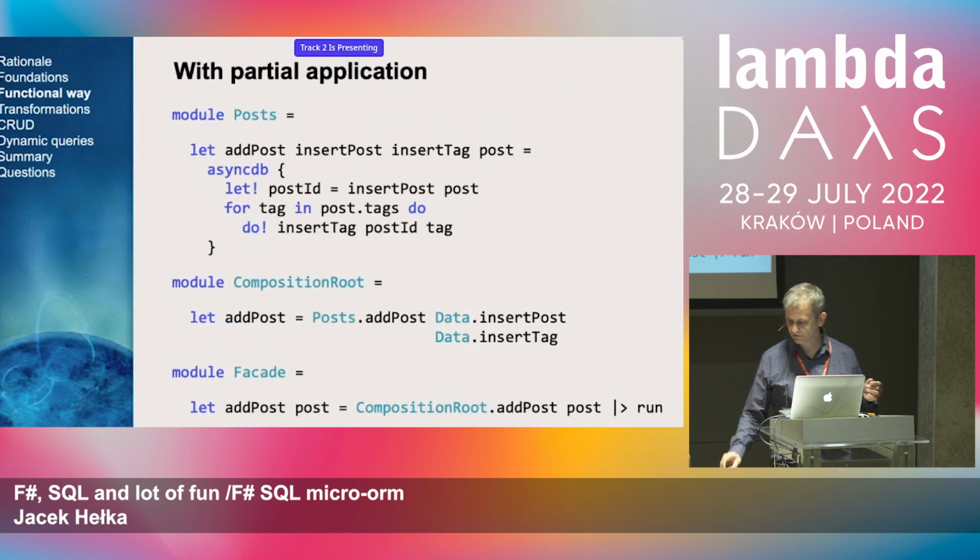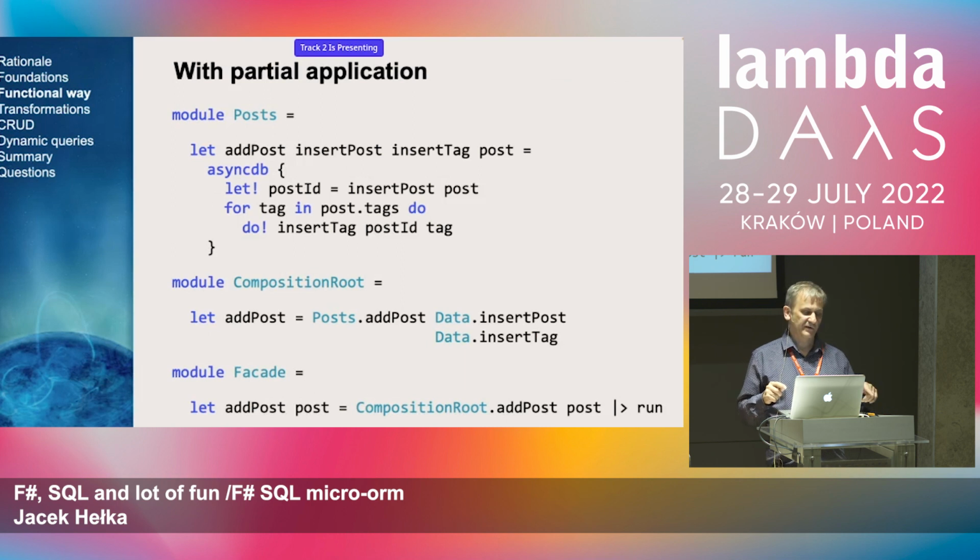Okay, next thing. To summarize, the whole dependency injection stuff could look like this. We replace direct calls with parameters, but if our dependencies are data access functions, we have to perform all computations in the asyncdb expression.